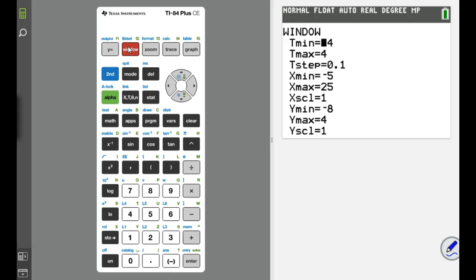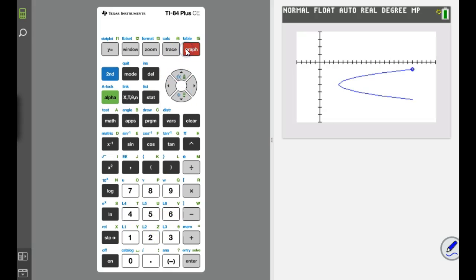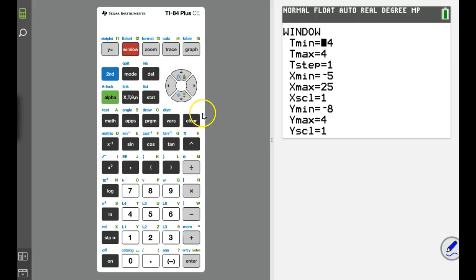I'm going to take a little commercial break here to show you guys what this T-step thing does. If I change the T-step to 1, you won't notice a huge difference, except that it flew by really fast because it only calculated 8 values or whatever it was, okay? But it looks pretty much the same. If you were to change the T-step to like 4, let me show you what happens.